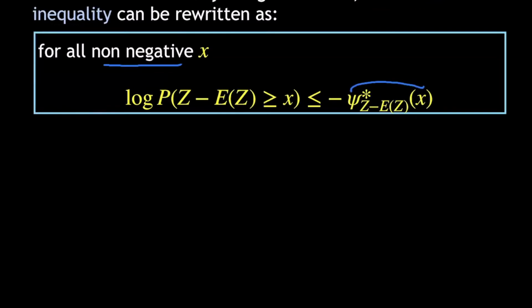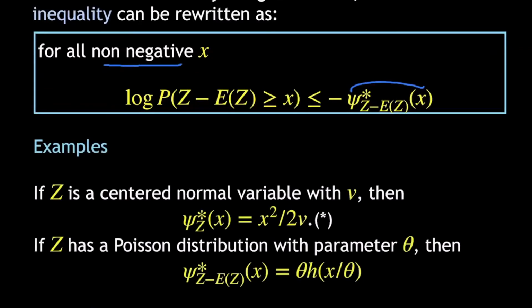In the theory of large deviations, people often talk of this quantity as being the rate function, because it gives you the rate of the exponential decay of the tail probability.